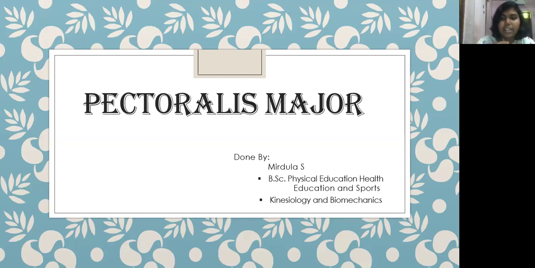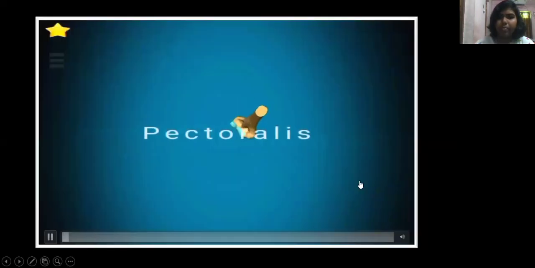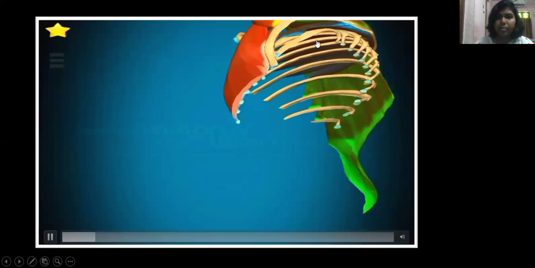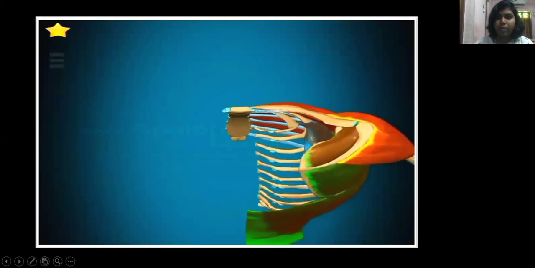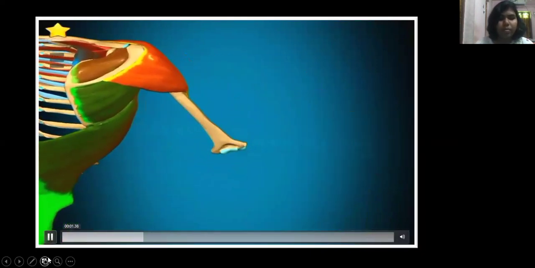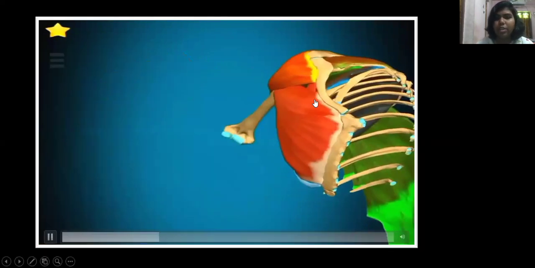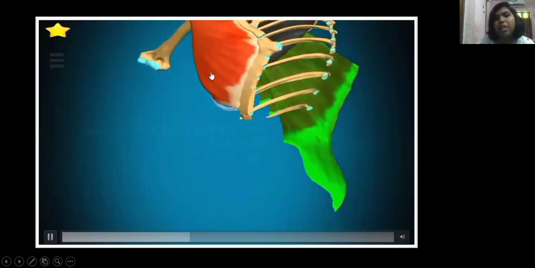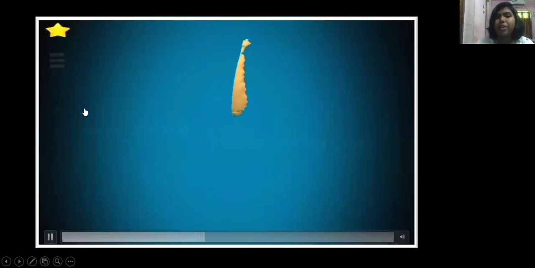Please have a look at it. This is the pectoralis major muscle. The red colored part is the pectoralis major muscle.